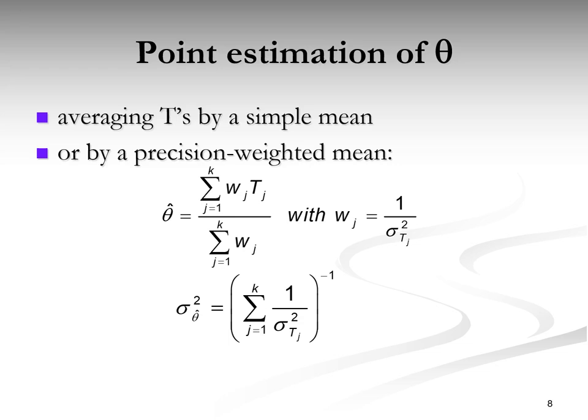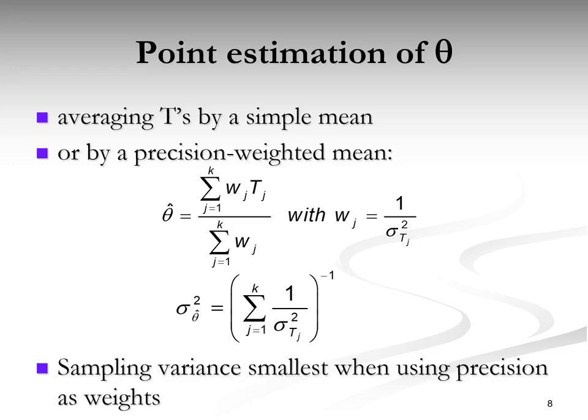So we will get a more precise estimate of the population effect the more studies we combine and the more precise each of these individual studies are. It can be shown that the sampling variance of our estimate is indeed smallest if we combine the observed effect sizes by using a precision-weighted mean.